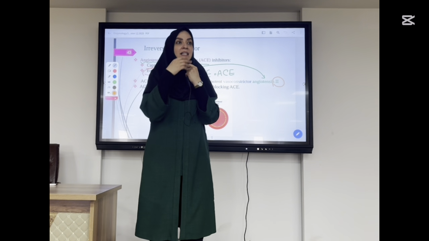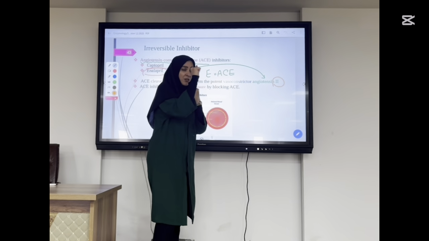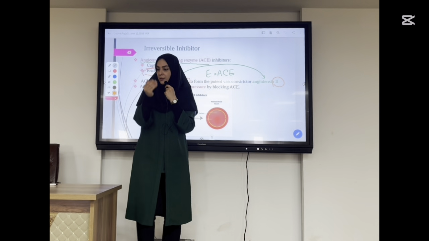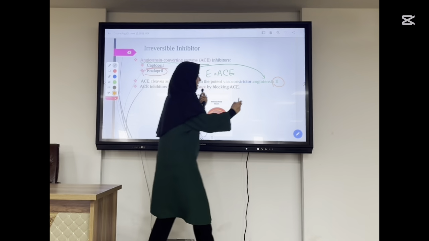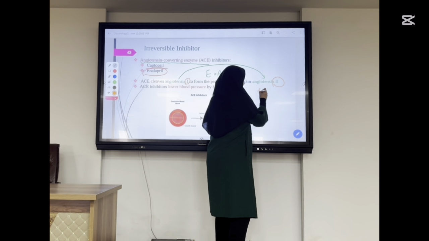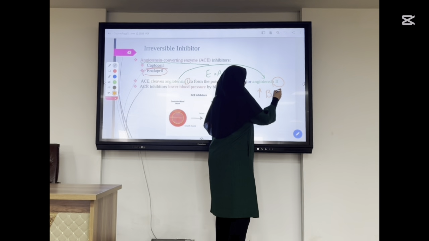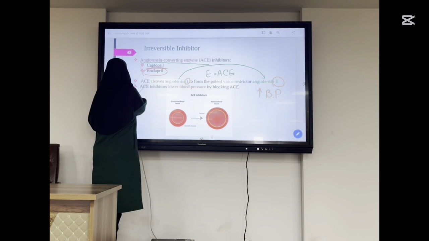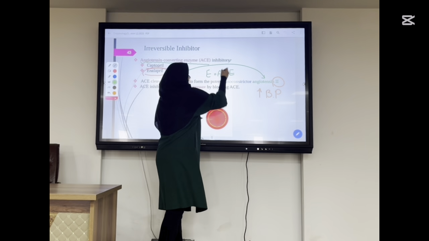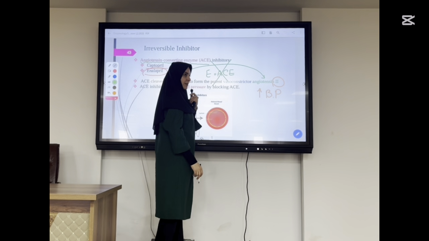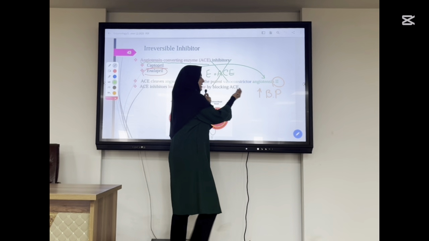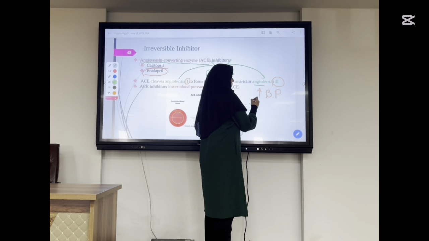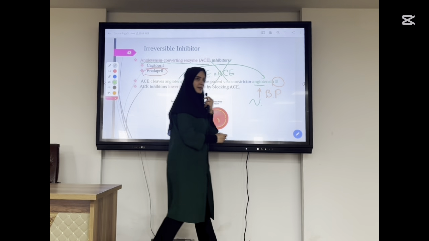So, in this way, angiotensin 2 increases blood pressure. If I want to control blood pressure, it's better to inhibit this enzyme. When I inhibit it, angiotensin 2 cannot be produced, so you have a normal blood pressure. Is it clear?